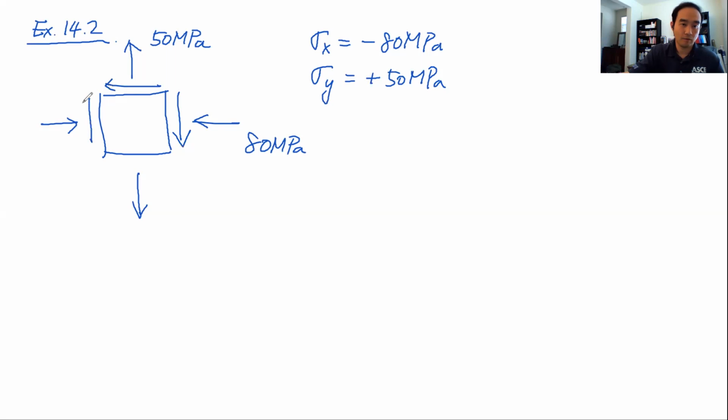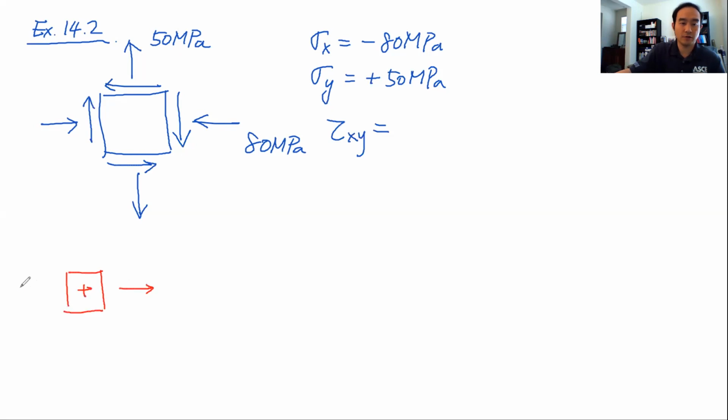And here we have tau xy and yx. So this tau xy, the sign convention is this. I didn't talk about the sign convention, so let's talk about the sign convention for plane stress condition.